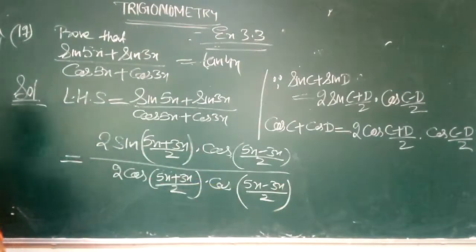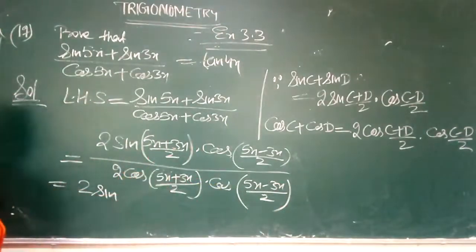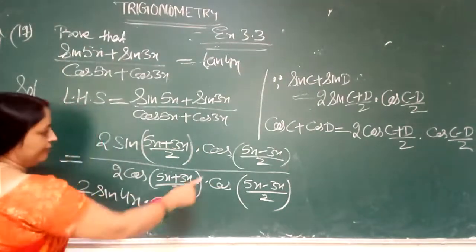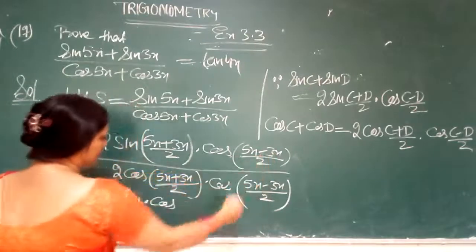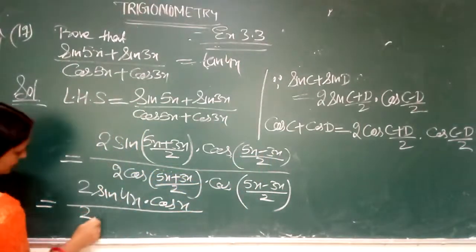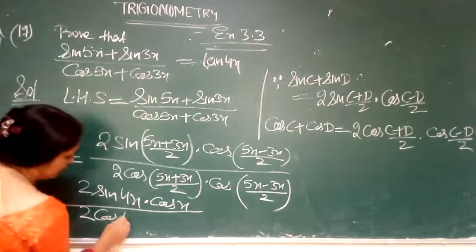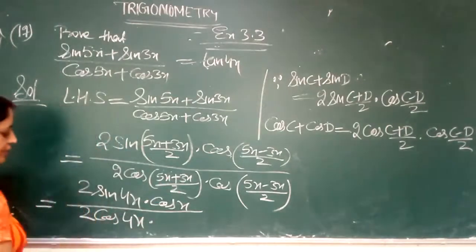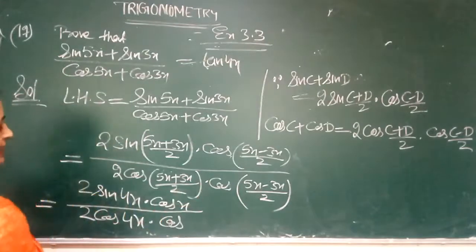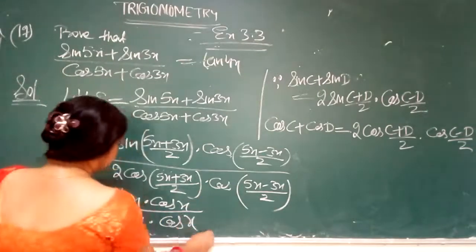After that, 2 sin of 8x upon 2, so it will come 4x, into cos of 2x upon 2, so it will come x. Then 2 cos of 8x upon 2, so it will come cos 4x, and cos of 2x upon 2, that is x.